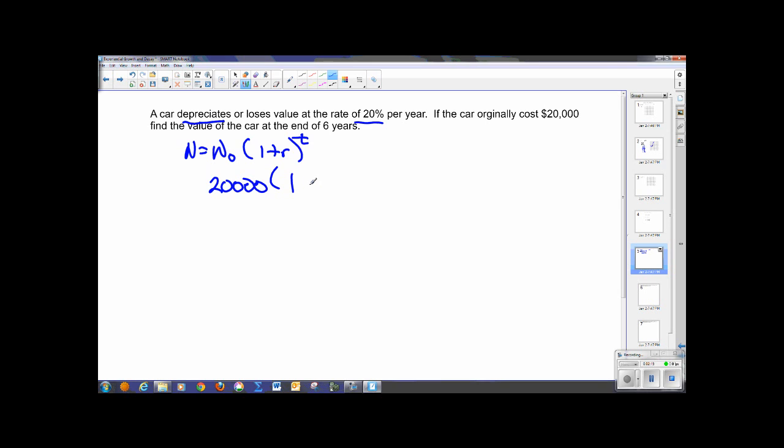And in this case, our rate is a negative 20%. So I'm going to subtract 0.2. And we're going to find out its value at the end of 6 years. So the t value is a 6. Now we're going to pop that into our calculator. And we end up with about $5,242.88.